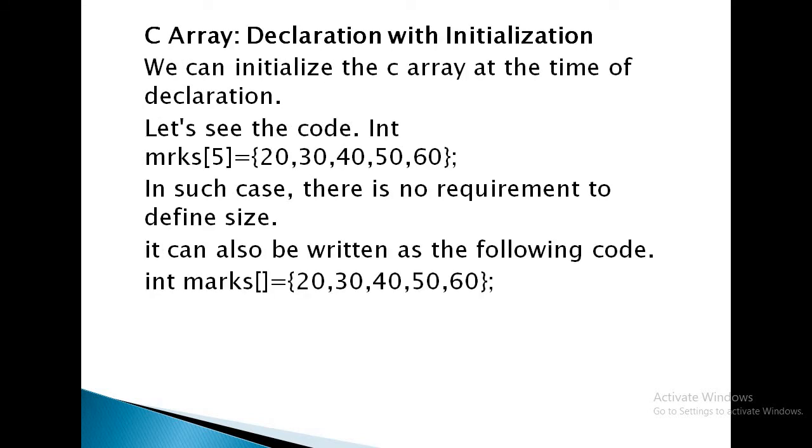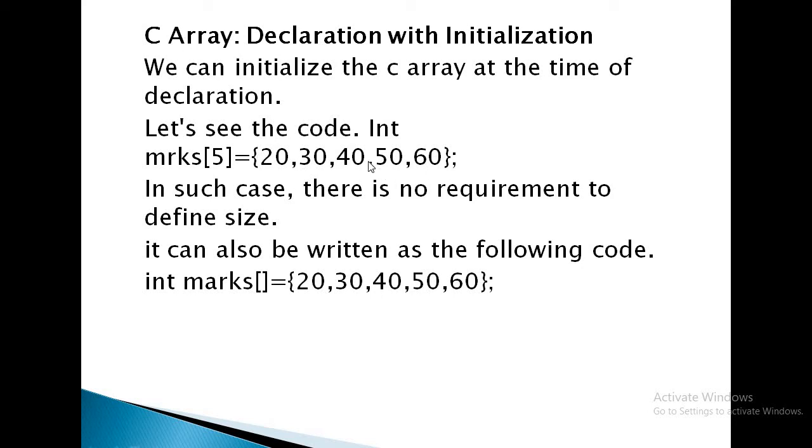Next, array declaration with initialization. Initialize the C array at the time of declaration. Let us see the code. int mark[5]. The array is allocated at the time of declaration. At the time of declaration itself, we are going to assign the data. To assign the data, we are using curly braces with the semicolon.